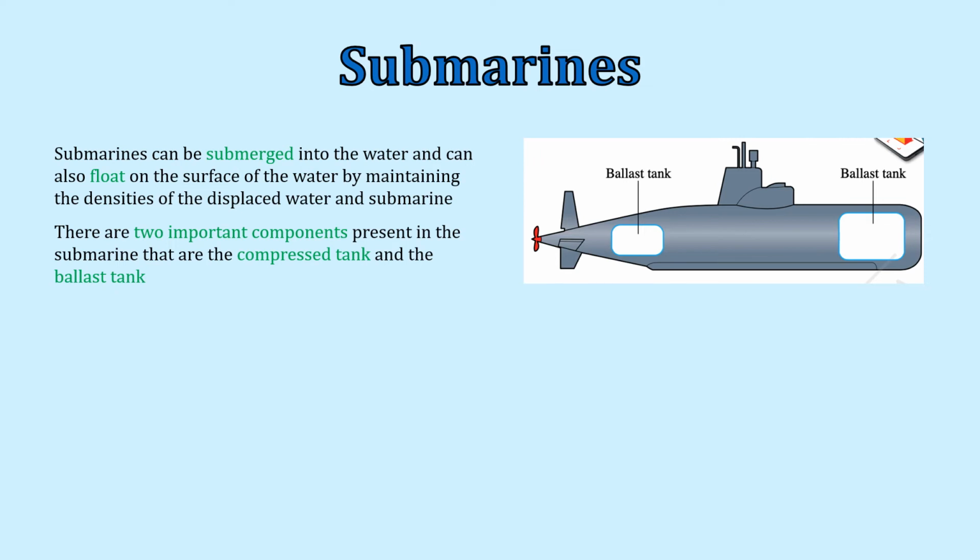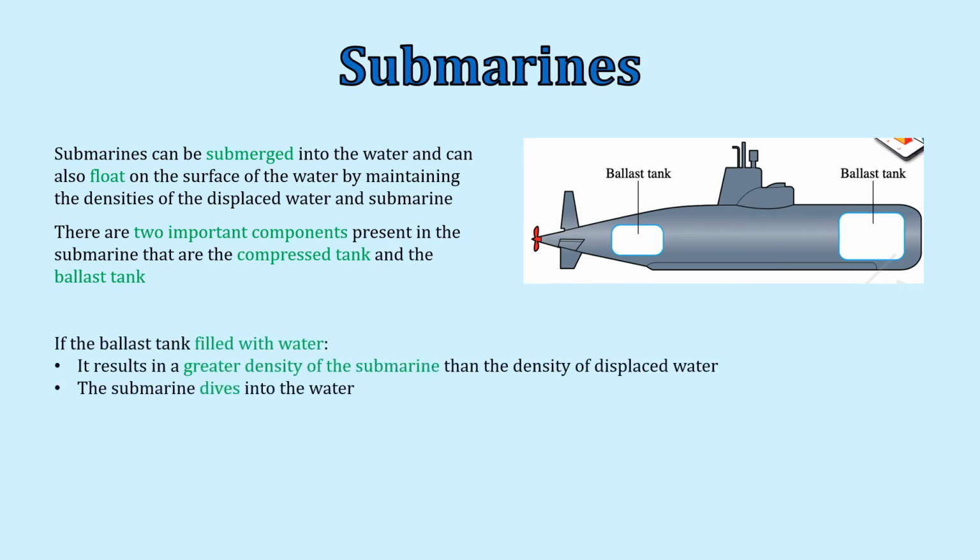and the ballast tank. If we fill the ballast tank with water, it results in a greater density of the submarine than the density of displaced water. Hence, the submarine dives into the water.